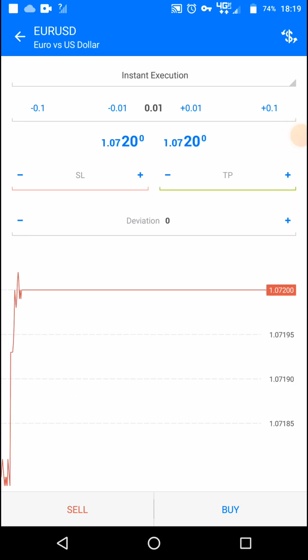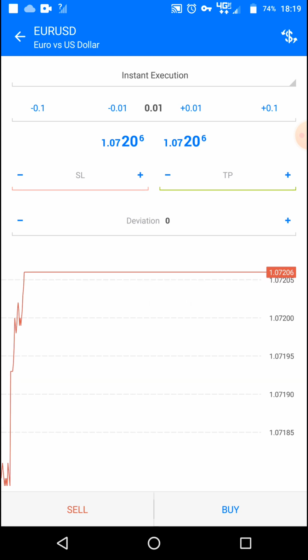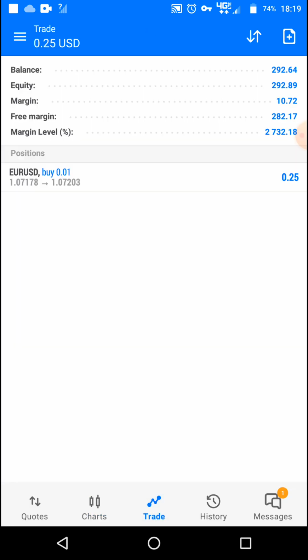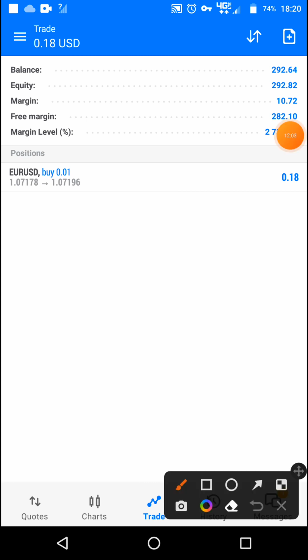But here are the few things that I want to explain. So you guys saw that I bought. I used my €1 to buy US dollar at this price. I used €1 to buy US dollar at this price.